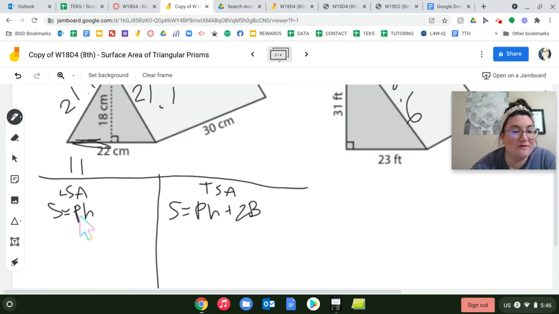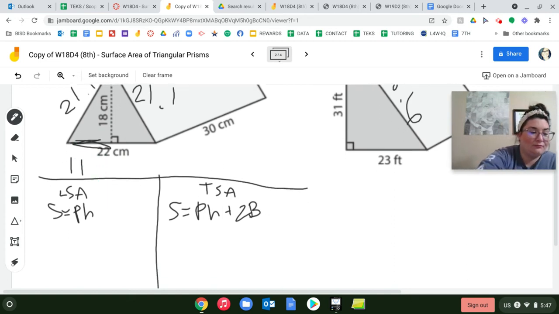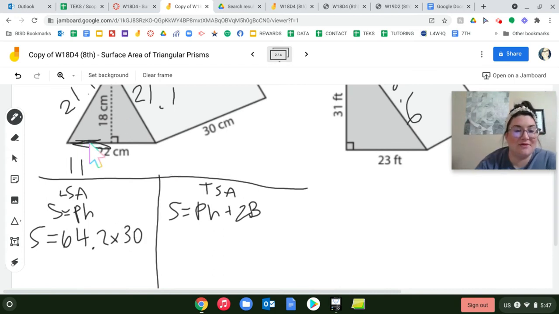So perimeter of a base, we have 21.1 plus 21.1 plus 22. So that's going to give us 64.2 times the height of the prism is 30. This is another common mistake, is that people put the height of the base here.